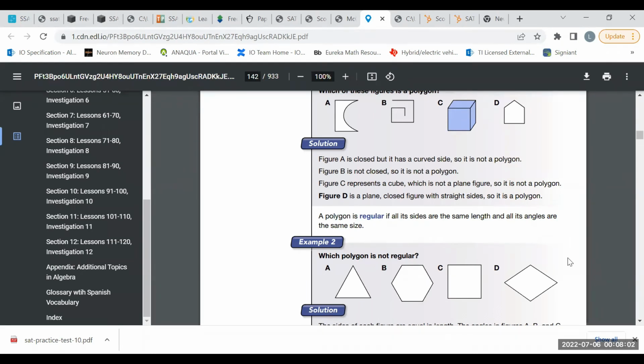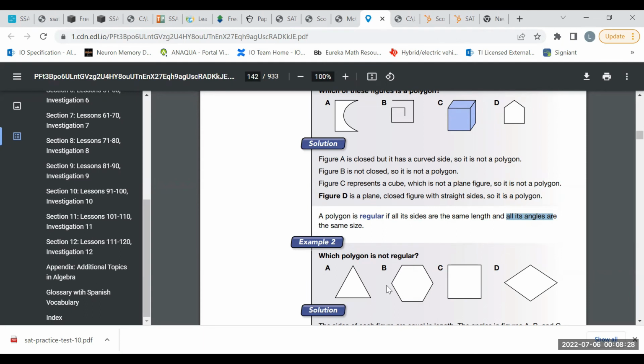Okay, so what is a regular polygon? There are two conditions for a regular polygon. First, all the sides are of the same length. And the second is all its angles are equal. So in this case, in A, all the angles are equal, right? And all the sides are also equal. So it's a regular polygon. In B, all the sides are equal, all the angles are equal.